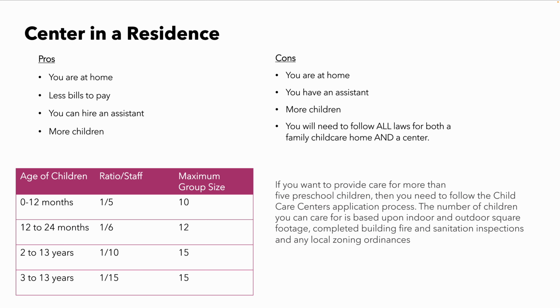And you also have to follow family childcare home rules. So when you look at these staff ratios right here, that is for center. That's what it looks like for centers. But I actually do not think that you can go up to 15. I think you can go up to 12. I would have to look at the law for that. But anyways, the point is you can have more kids.